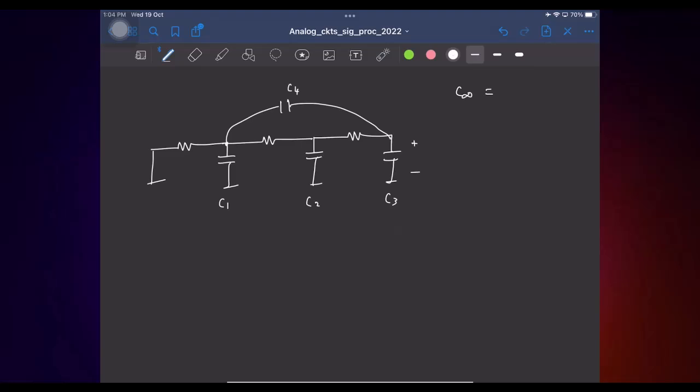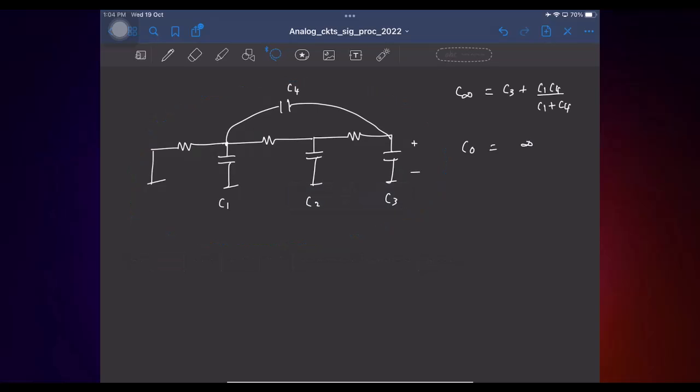I'll have to open these things. C3, these two in series, right? That's what we saw earlier also. C0 is, I have a short circuit path from the output to ground, so it's infinity. So again, it's done.